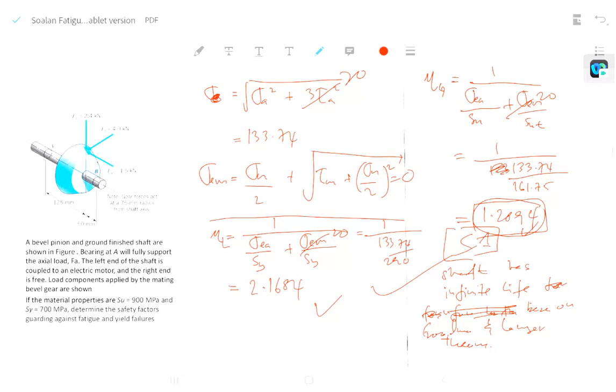Same material, all the same materials. Okay, this is as your assignment. Later, I will discuss the next question. This is a bit difficult.